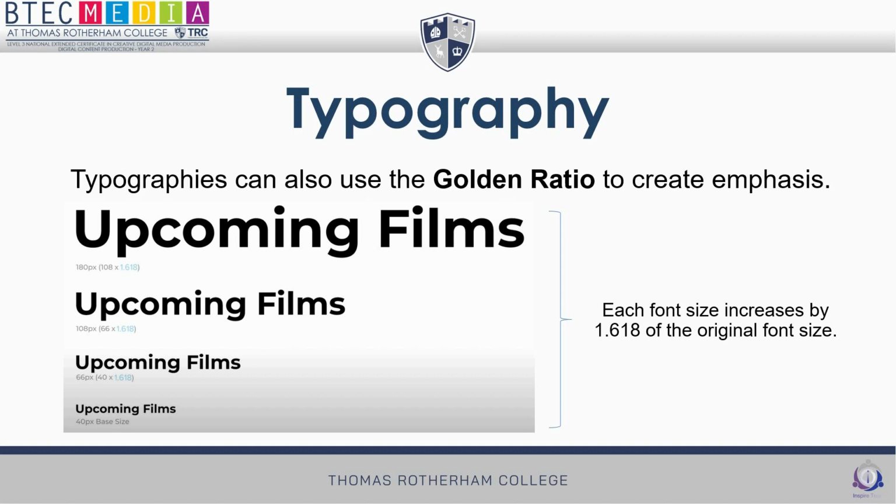So that's a good little rule of thumb to use if you're doing text on a design. Whatever size font your most important piece of text is, your second most important piece of text should be 1.618 times smaller than that font size underneath. I didn't explain that very well. You get the idea.